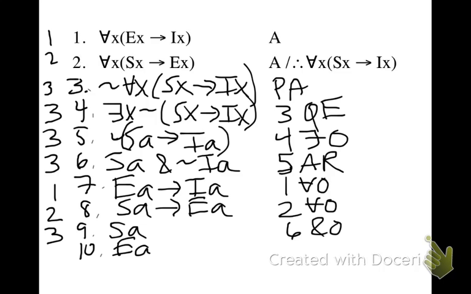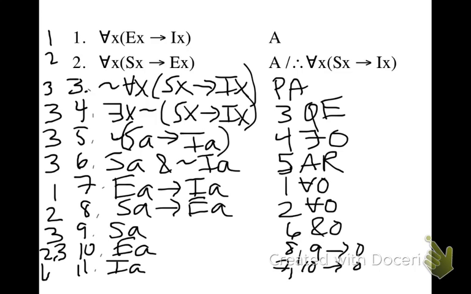And then we can get EA by 8, 9 arrow out, which will depend on 2 and 3. Then we can get IA by 7, 10 arrow out, which will depend on 1, 2, and 3. And then we can get not IA by 6 ampersand out, which will depend on 3.